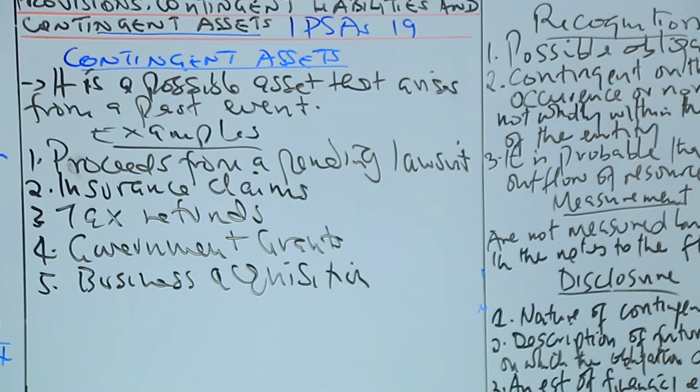So these are examples of contingent asset. Proceeds from a pending lawsuit, insurance claims, tax refunds, government grants, and also a contingent consideration from a business acquisition.